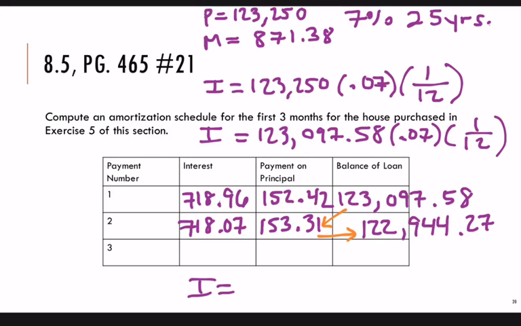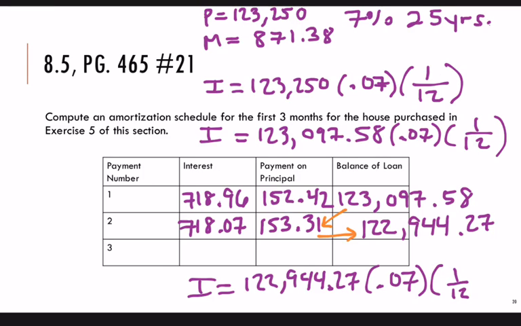Okay, and then we have one more interest calculation for the third month. Use that new loan balance as the new principal. Same rate, same time. Okay, and that gives you $717.17. Subtract that from the monthly payment. That gives $154.21.